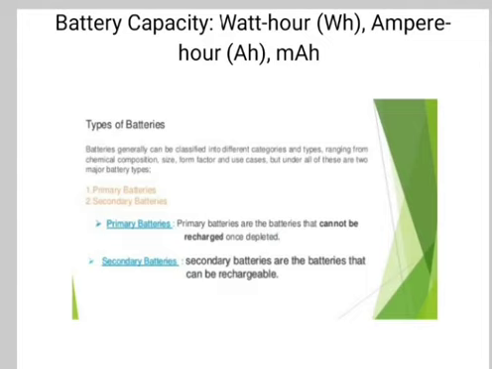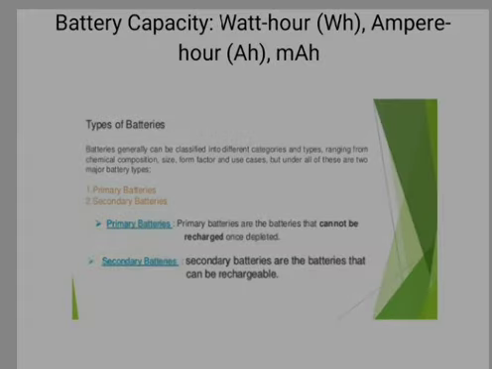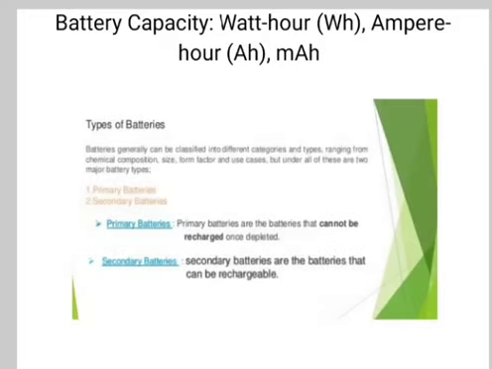Battery capacity is typically measured in ampere hour of the charge stored by the battery, and it is determined by the mass of active material contained in the battery.